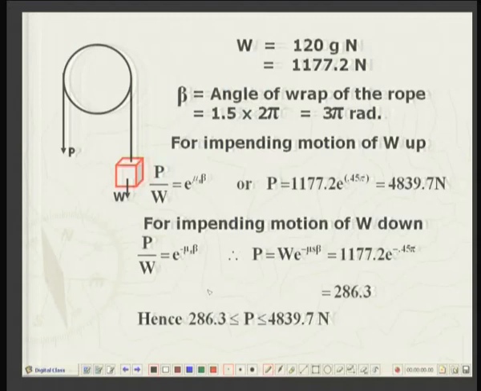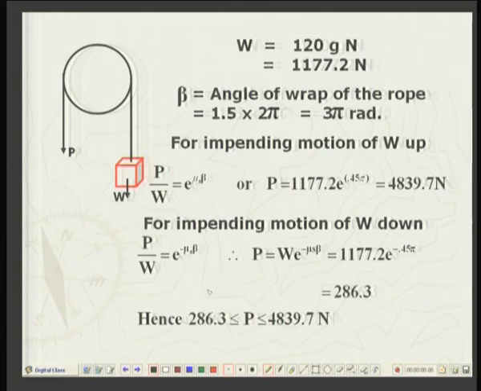mass is going down. The mass is given as 120 kilograms. So mg, the force due to gravity, is mass times the acceleration due to gravity, 9.81 meters per second squared.